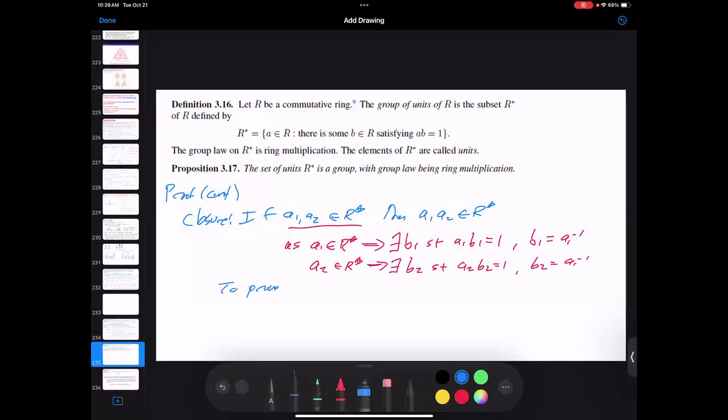To prove A1 A2 is in R star, we must find a B12 such that A1 A2 times B12 is 1. So this is the method of divine inspiration. As long as I can write down a B12 that works, it doesn't matter how I got it. It's nice if there's a very mechanical procedure that I could then use to solve related problems, so that you can trust that you will be divinely inspired on a future problem. But any thoughts about what we should try for B12?